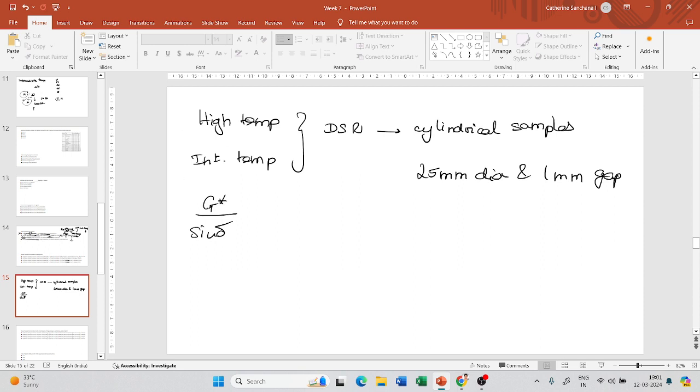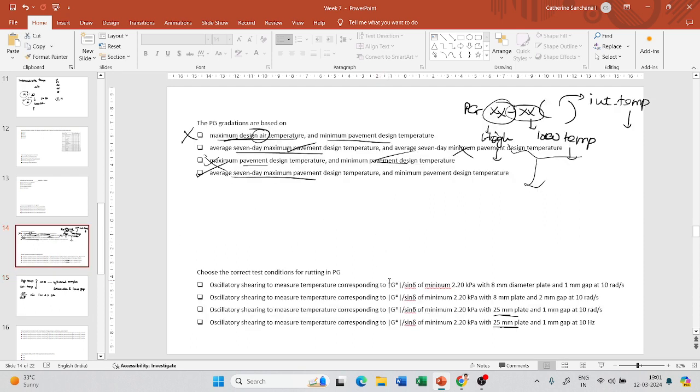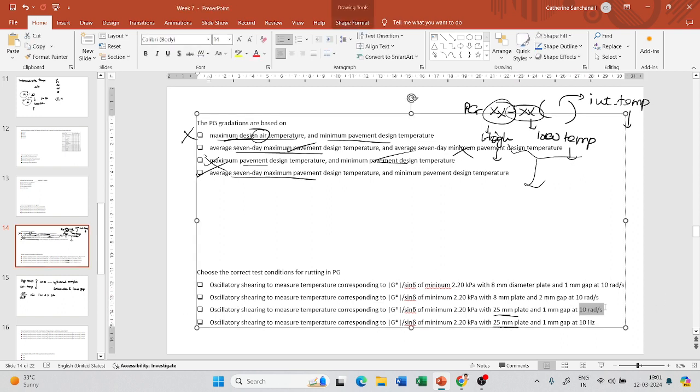But for now, G star by sine delta should be a minimum of 1 or 2.2 kPa. Here they have not differentiated between 1 or 2.2 kPa, so by all the options we can simply assume that they are talking about an RTFO aged sample. The only difference in these two options is this: 10 radians per second or 10 hertz.